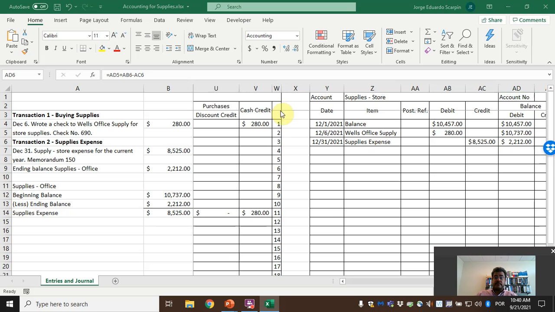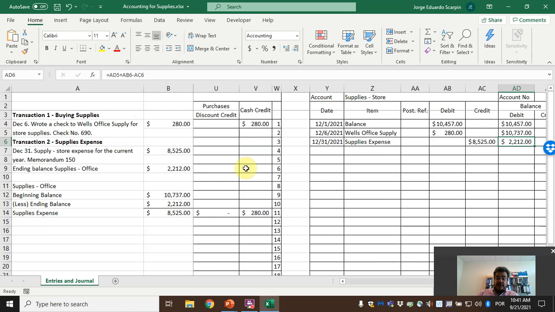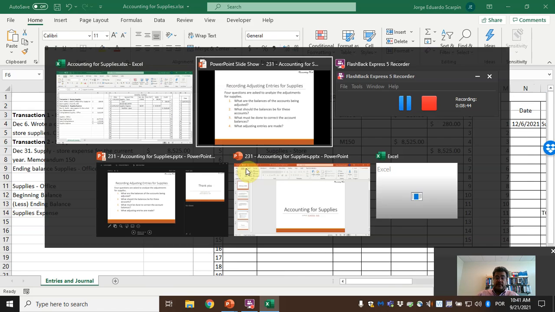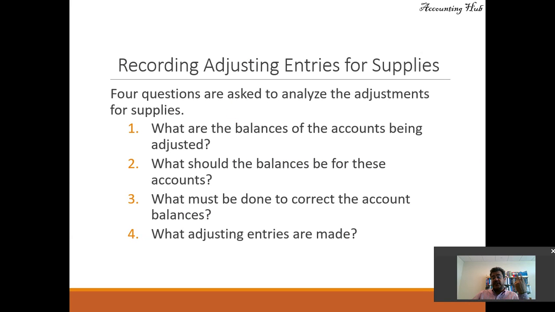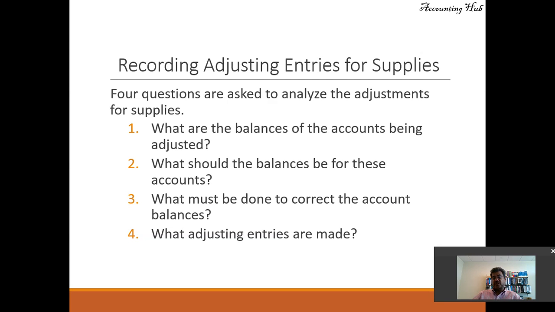And then, what must be done to correct the account balance? It is this journal entry here. What adjusting entries are made? This adjusting entry here. Not so hard, huh?